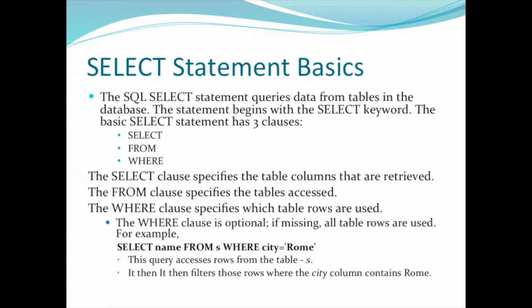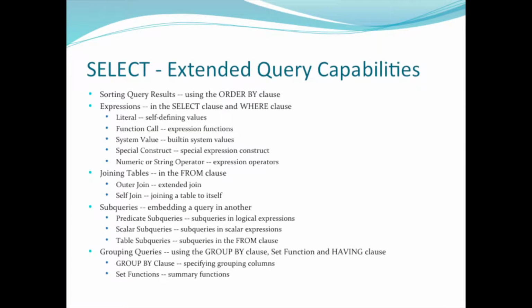Here's a very simple example. Basically, one table is involved, S, and all you're looking for is every city in that table that equals Rome. So in this case, you're not joining anything, you're just looking for a specific value in one table. Different expressions can be used in the select clause and the where clause.